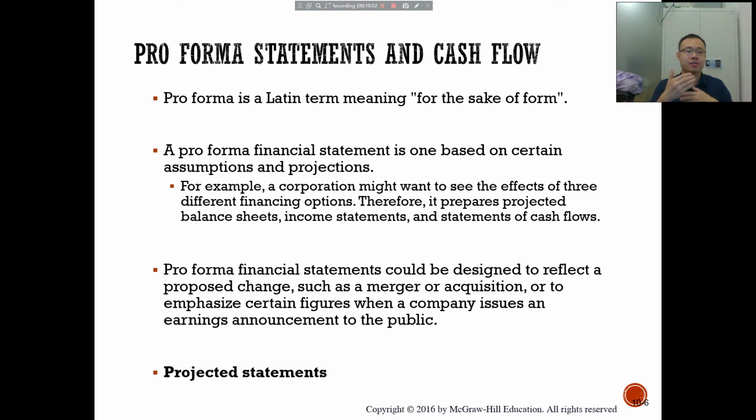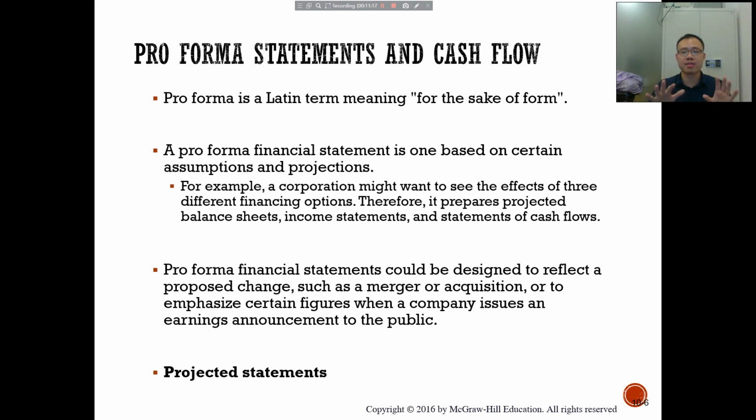Therefore, it prepares projected balance sheets, income statements, and statements of cash flows. Pro forma financial statements are projected financial statements. They could be designed to reflect a proposed change, such as a merger or acquisition, or to emphasize certain figures when the company issues an earnings announcement to the public.